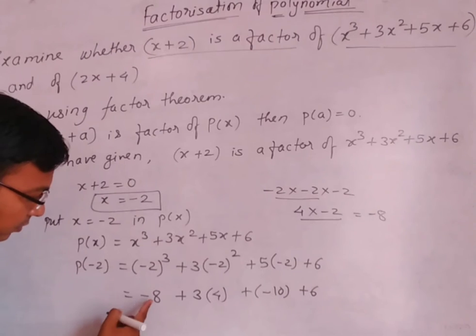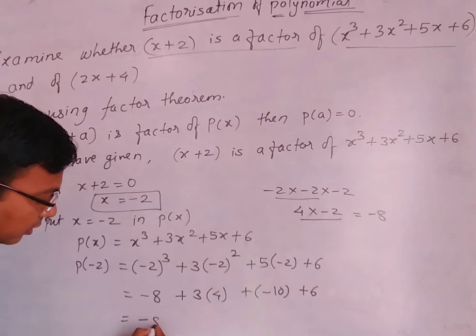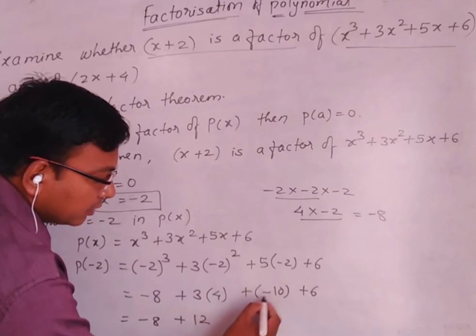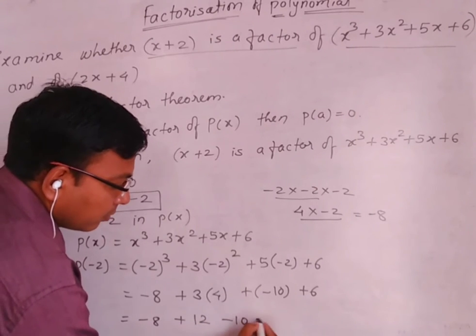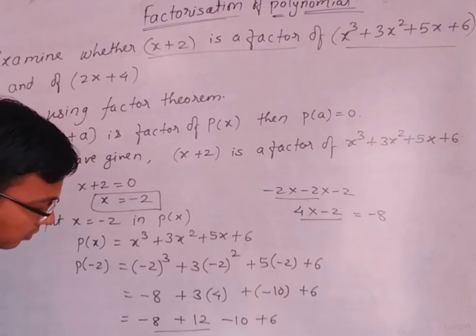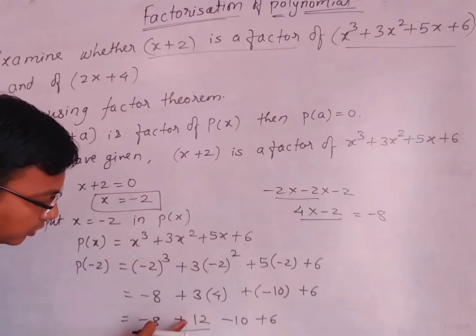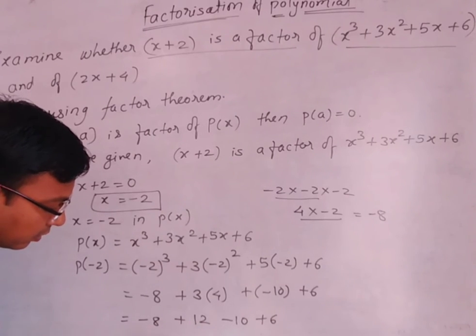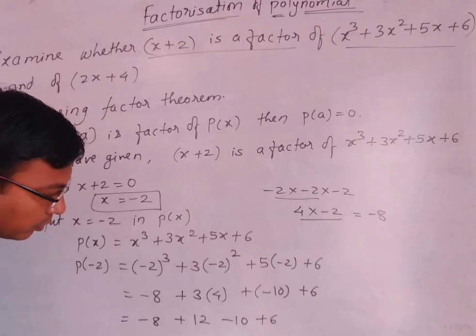Here minus 8 plus 3 fours are 12, minus 10 plus 6. What's the answer? Minus 8 plus 12 is plus 4.